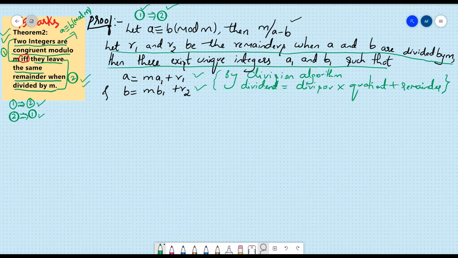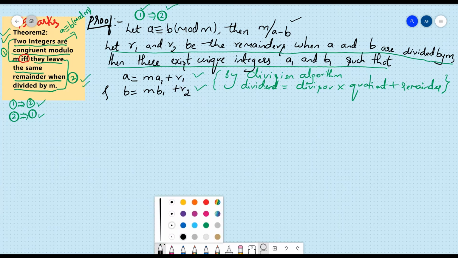Similarly for B also. If you want to see the division algorithm clearly, you can see my previous video, my first video, where I have explained it in detail. Please go through it. So by the division algorithm, I am getting the two remainders, R1 and R2.